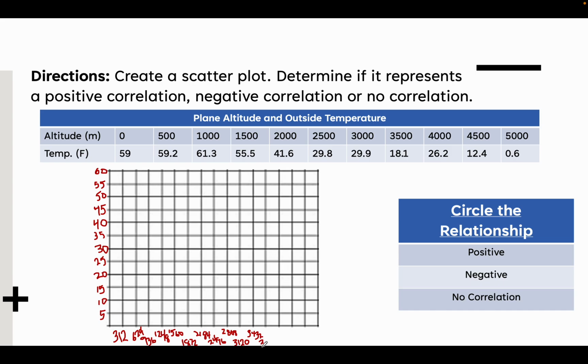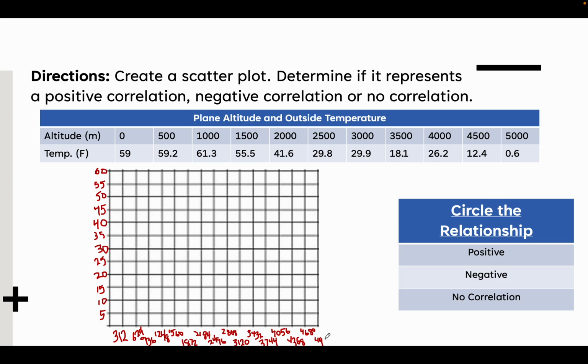3744, 4056, almost done. 4368, 4680, and it looks like it comes out to be 4992.